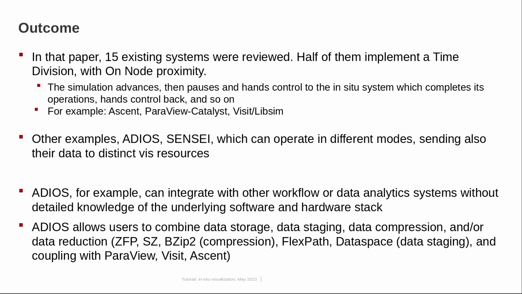at the time of the survey, there were 15 different systems that were reviewed, and half of them actually implemented a time division with on-node proximity. So this is actually the dominant paradigm which we will use today with Ascent and Catalyst.